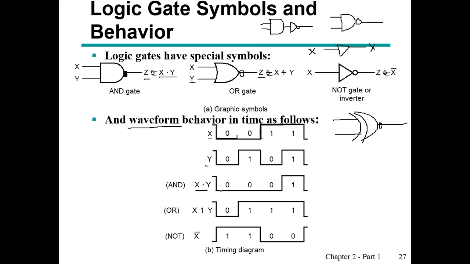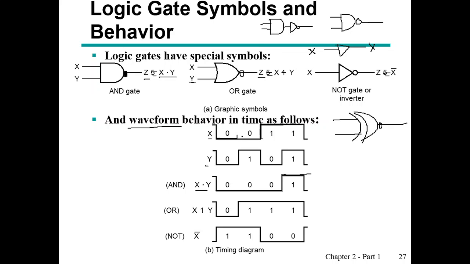It is low all up until here, and then when all the inputs are 1, it becomes 1.